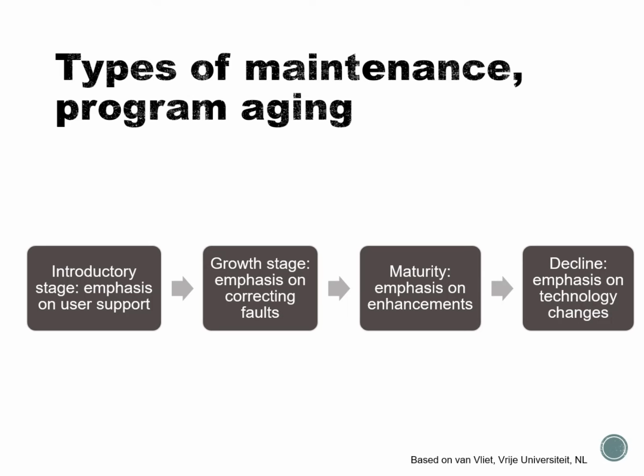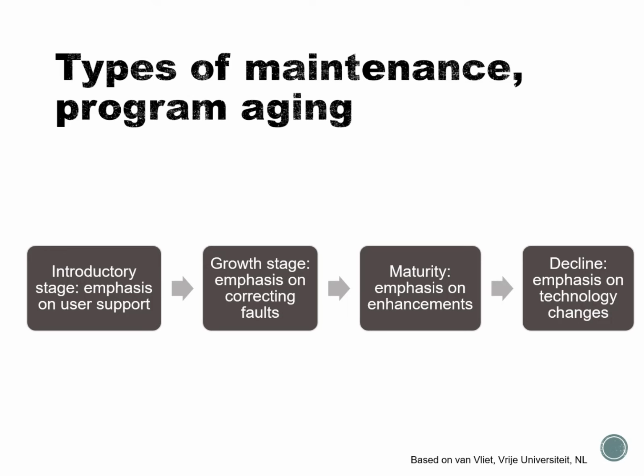So at the first stage, we try to emphasize user support, meaning that we are trying to get as many people to be able to use the software as possible and try to fix the annoyances and small things that drive the users away. Then we try to correct the faults, because we are having more users, we are finding more problems and more things which are broken with our product.